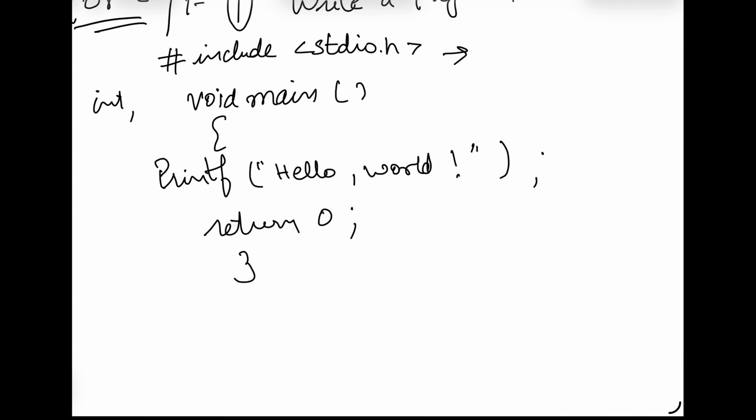This is the main function where program execution begins. Now we start curly braces. Curly braces define the start and the end of the function block, where we start a function with curly braces and end with curly braces.